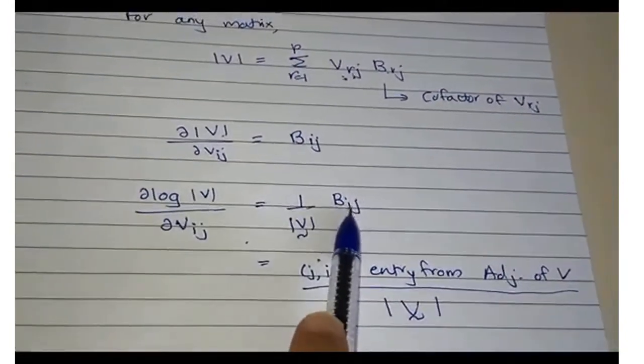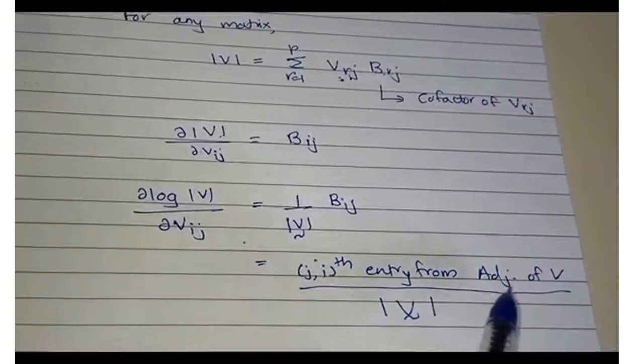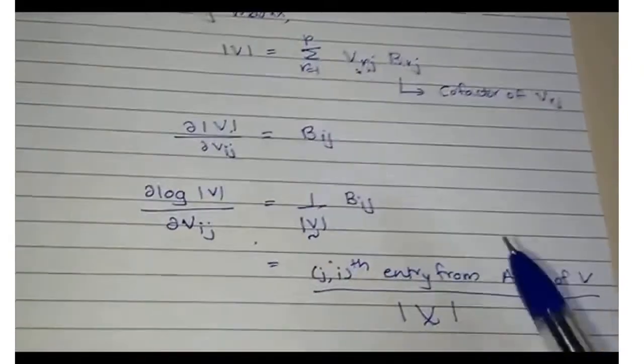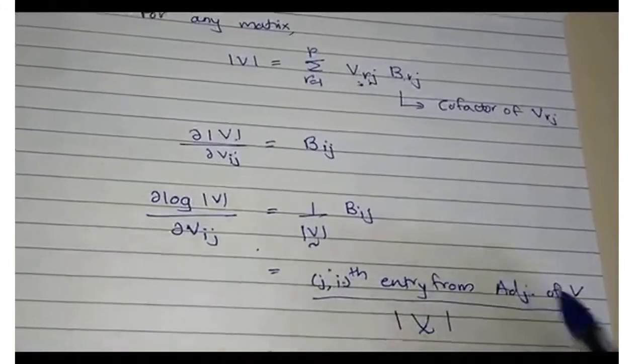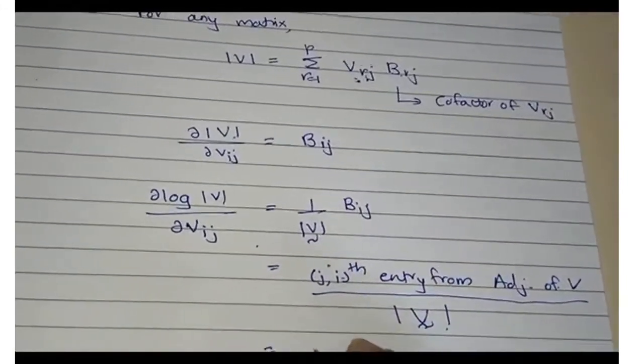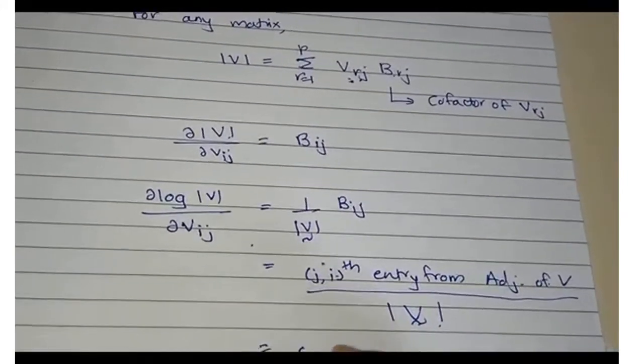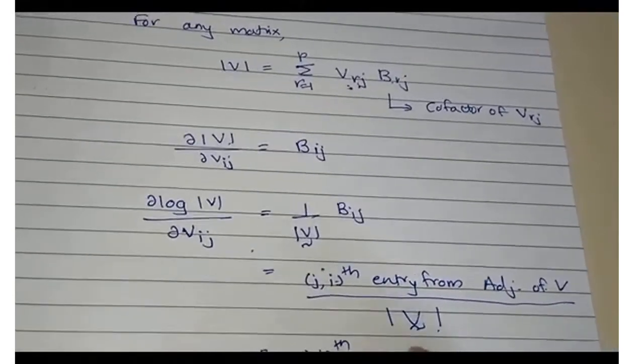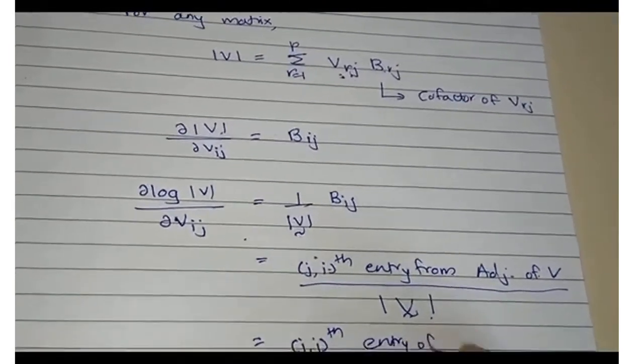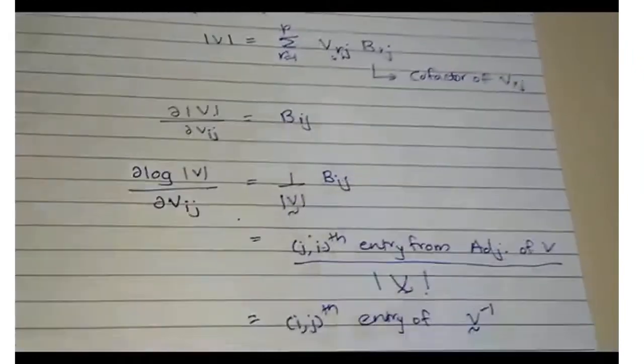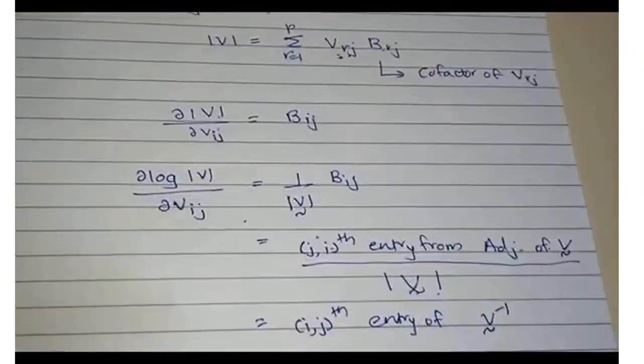So the ijth cofactor is nothing but the jith entry from the adjoint of V, linear algebra. So the jith entry from adjoint divided by determinant of V is nothing but the ijth entry from V inverse, because this is how you define inverse, right?